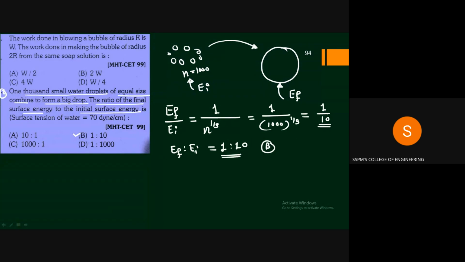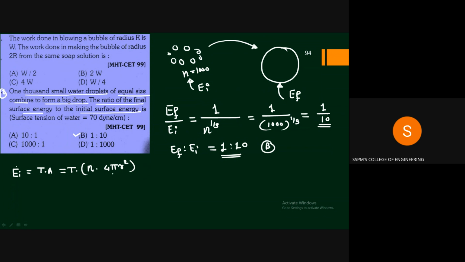So basically this formula is based on the equation of the work done or the surface energy. If I consider the initial surface energy EI, we have n number of droplets. So the formula will be T into area. T into area of n droplets, n into each droplet has an area 4 pi r square.